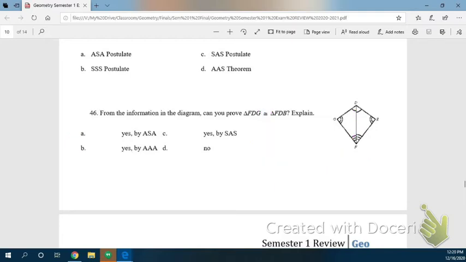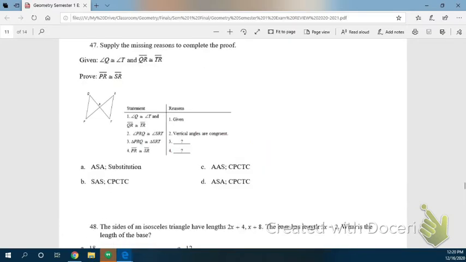Okay, looking at 47. It says we're supposed to supply the missing reasons. Go ahead and mark your picture. Q and T are congruent. Then it says that QR and TR are congruent. They gave us vertical angles to work with. So these angles in the middle are congruent to each other.